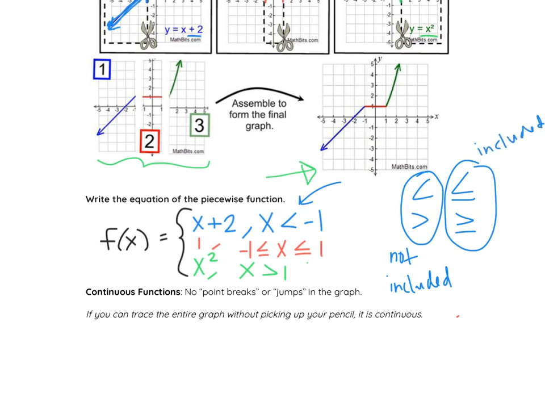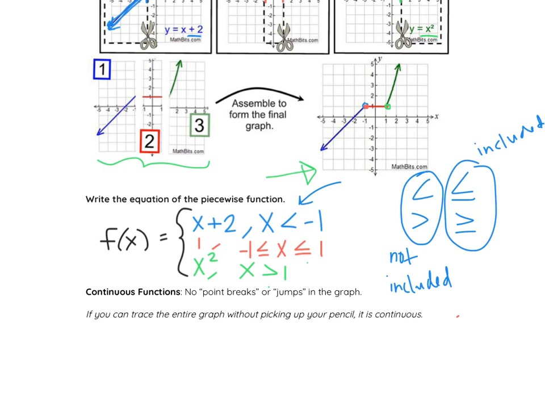So the way that I would graph that for this blue function here is actually going to be an open circle for the blue function, because it's not or equal to, it's not included. For the red function though, notice that it's going to be included on both sides, so that's a closed circle on both sides. And then for the green function, it's not included, and so it's going to be an open circle.